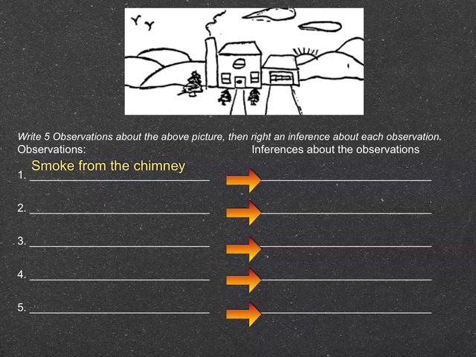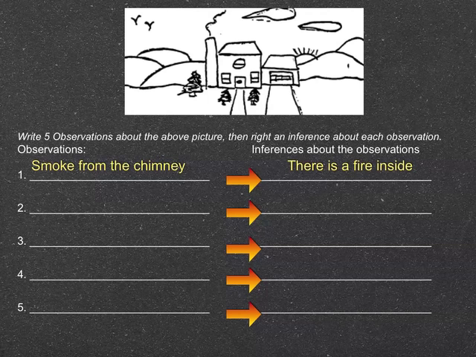What inference might you make based on that? Chloe? That it's cold out? Okay. That might be one. What would be another inference? There's smoke coming from the chimney. Haley? They're cooking. What else? Hannah? They're making sure they have like a fire. They have a fire? Yes, all those are inferences.